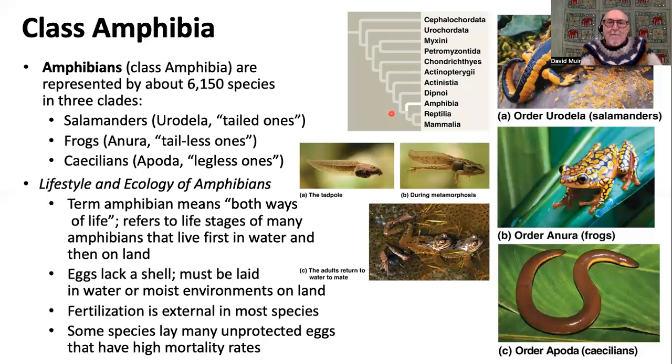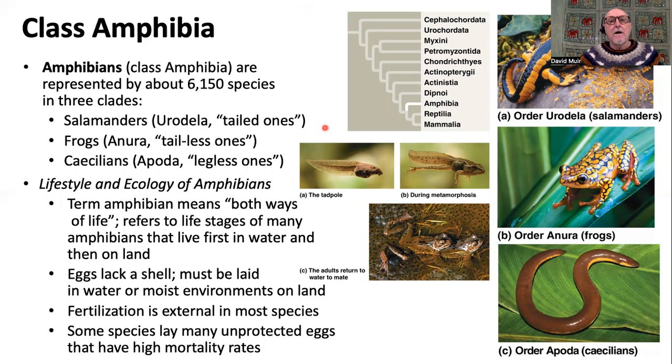So these are the salamanders and frogs, those kinds of organisms. And their whole lifestyle, their whole structure is a reflection of their continuing tie to aquatic habitats. Amphibia means two worlds. So they are terrestrial, but they're also aquatic.